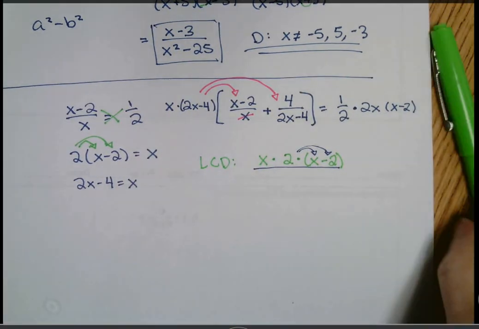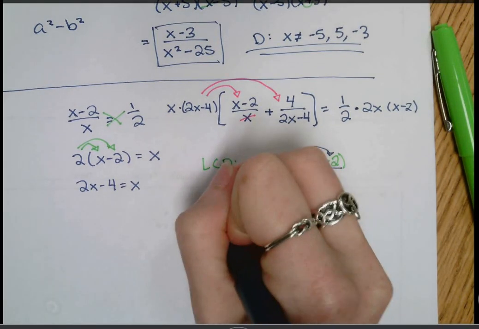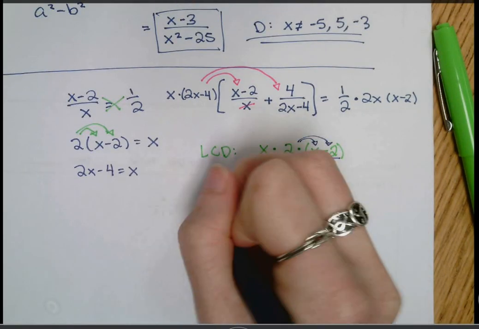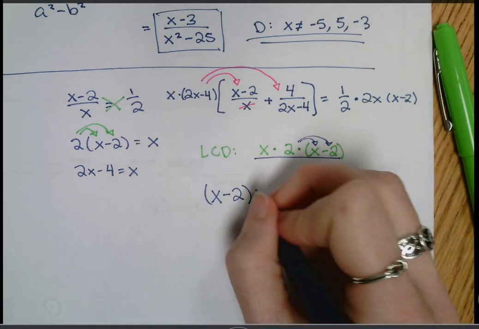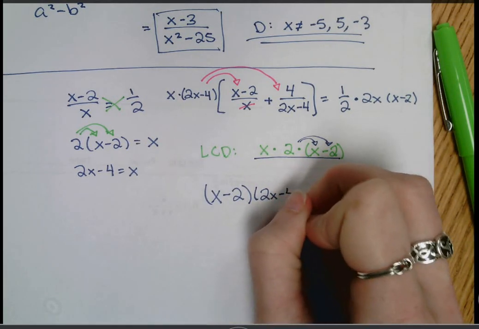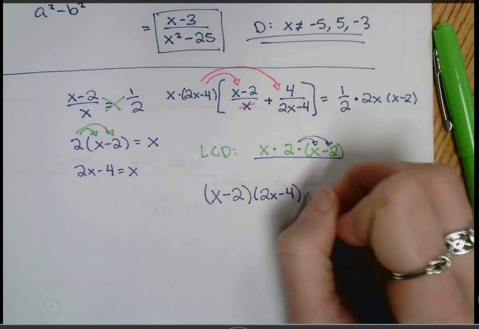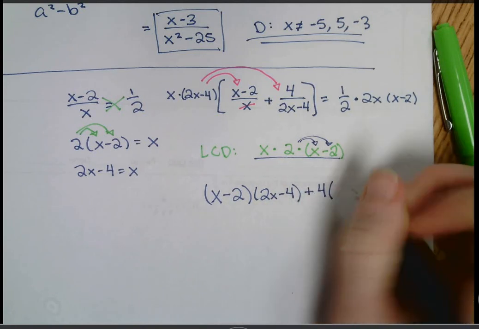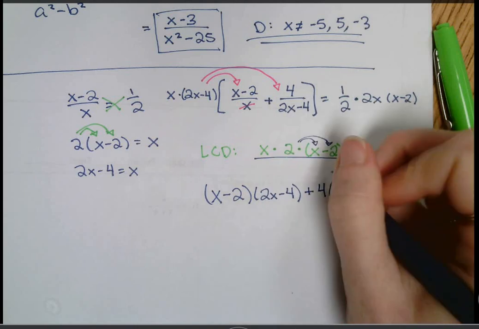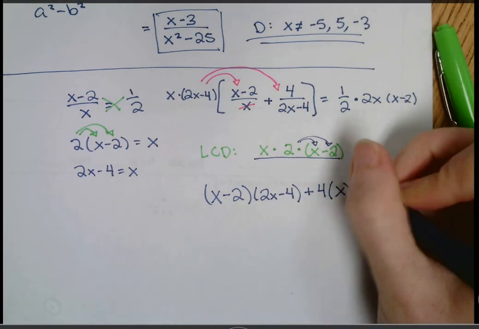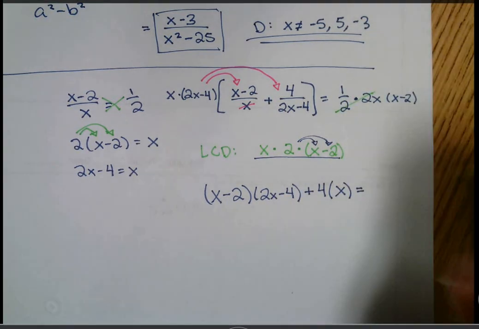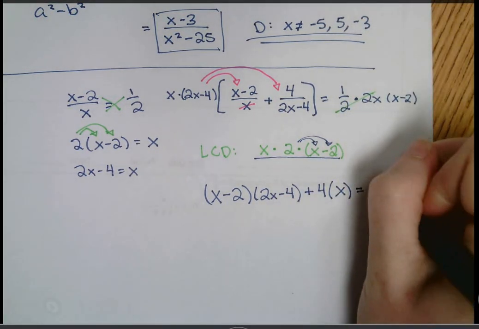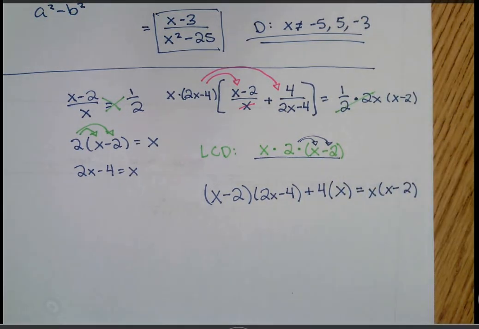So what that is going to look like is I'm going to have that x minus 2. But now it's no longer over x because they cancel, but it's still going to be times 2x minus 4. Then I'll have a plus 4 times, well, the 2x minus 4's cancel, it's just an x. And that's going to be equal to, over here, these 2s will cancel, leaving an x times an x minus 2.